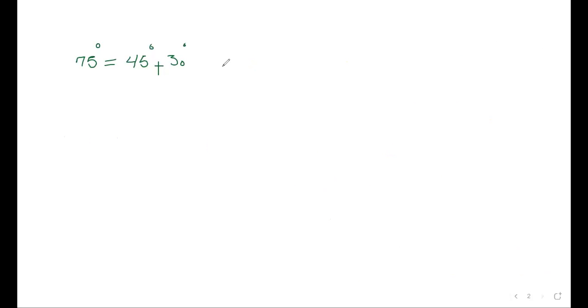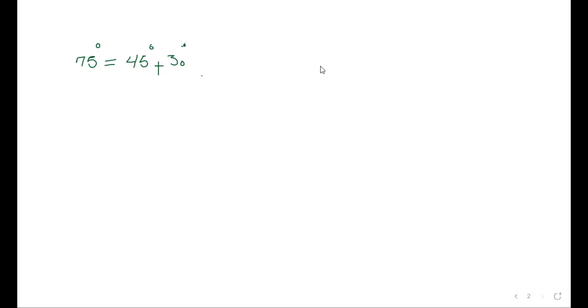Now, we said that 75 is equal to 45 plus 30. From this stage, I know that 45 and 30 are the celebrities of trigonometry. I know the values for them.